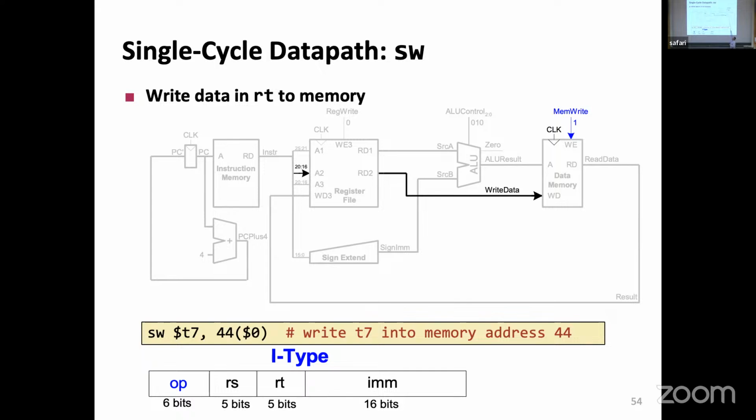All I have to do is make sure that the memory also knows that I'm writing. So I have a control signal that says memwrite. I apply 1 during this cycle, and voila, I generated the address the same way to the data memory. So there's nothing different. But the difference is now I actually read, I use the address A2, and this one gives me the data that will be written to the data memory.